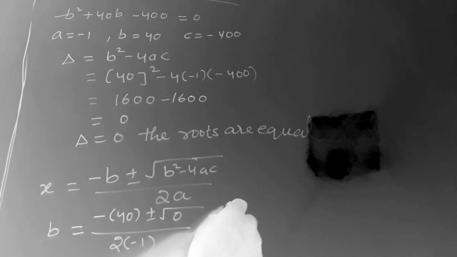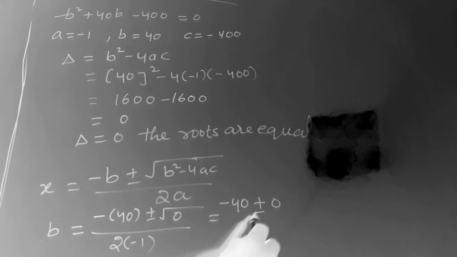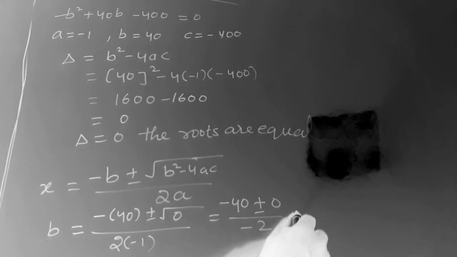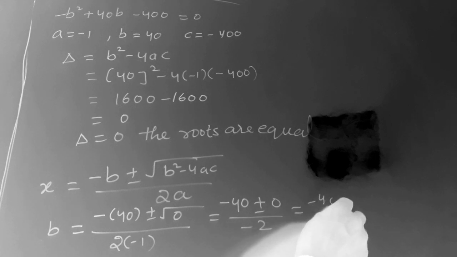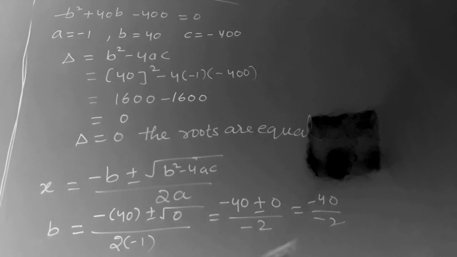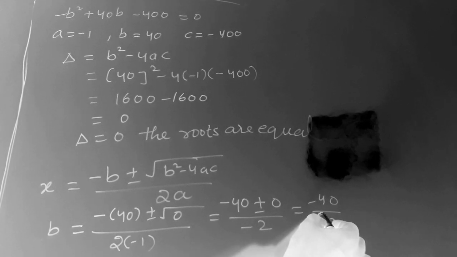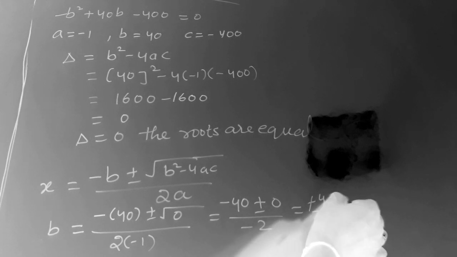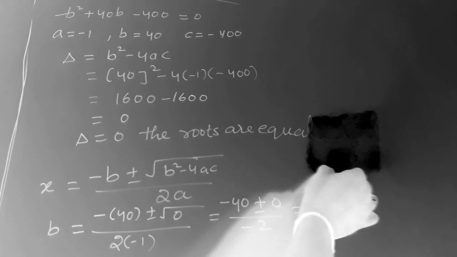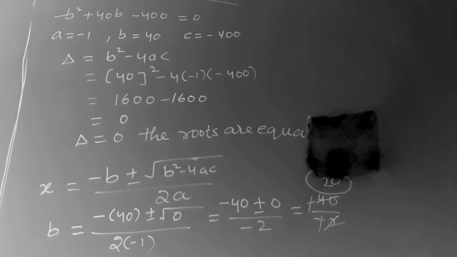So minus 40 plus or minus 0 by minus 2, that is nothing but minus 40 by minus 2. Minus minus is going to cancel, 2 twenties are 40. Therefore the breadth of the rectangular plot is nothing but 20.